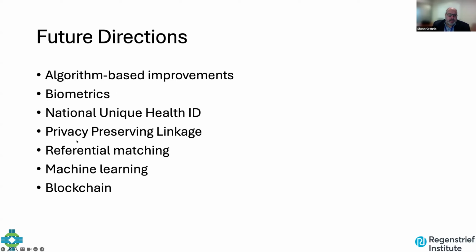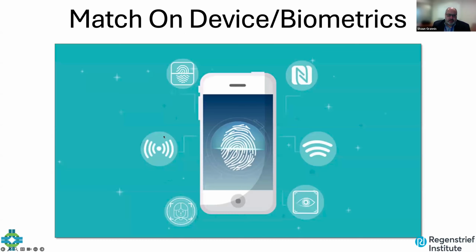I want to talk about a couple of technologies that I think are important to think about. We're seeing biometrics expand to our wearable or mobile devices, and so people are becoming more comfortable with them.